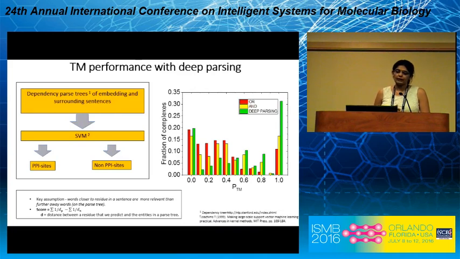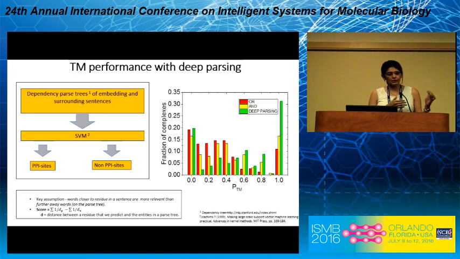In this last part, we take the sentences embedding the predicted residues and get the parse tree. The key assumption here is that words closer to the residue in a sentence are more relevant than words further apart with respect to the parse tree.